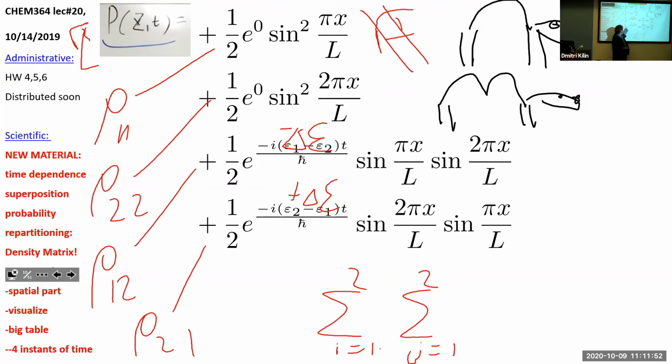Each of these terms has two indices, and we are doing summation over index i and over index j, each a number running from 1 to 2. So basically what we need to do is to evaluate this equation at different instants of time, and then add together 4 trigonometric functions, actually 3 because this one can be put out of the bracket, and look at the answer. Make sense?